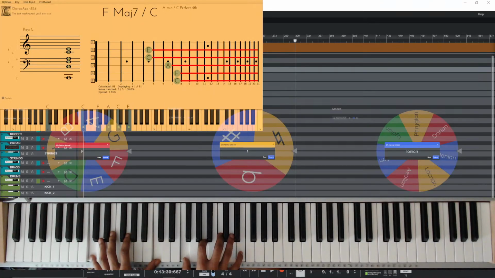So, how could we make a nice voicing for this? Let's get rid of redundancy.